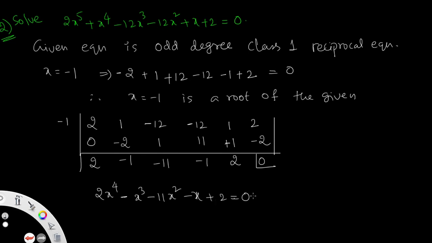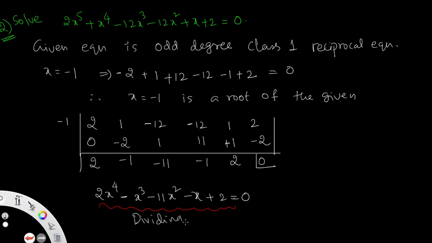This is a fourth degree class 1 reciprocal equation, similar to the first problem. It can be solved by dividing throughout the equation by x square.